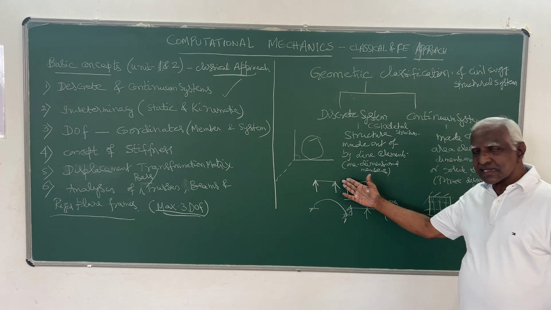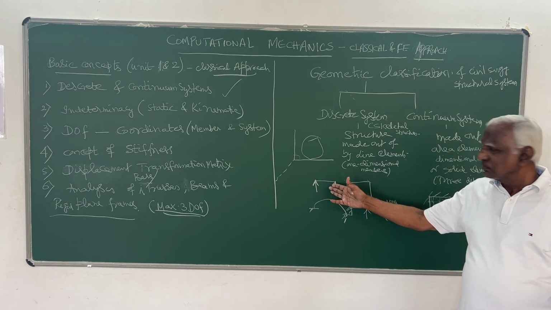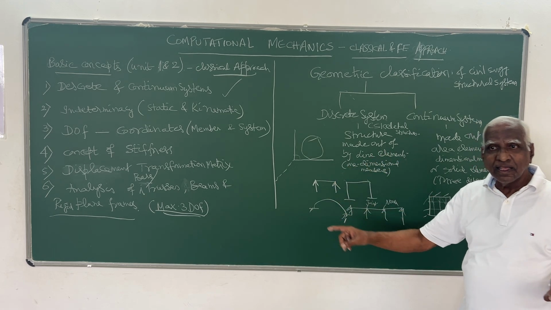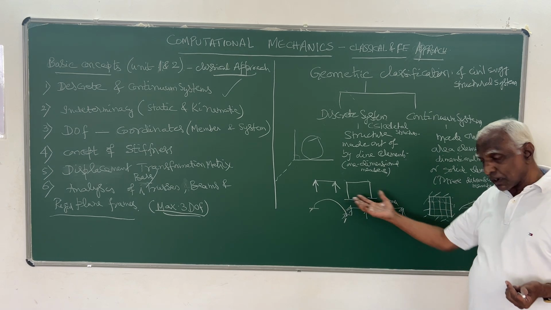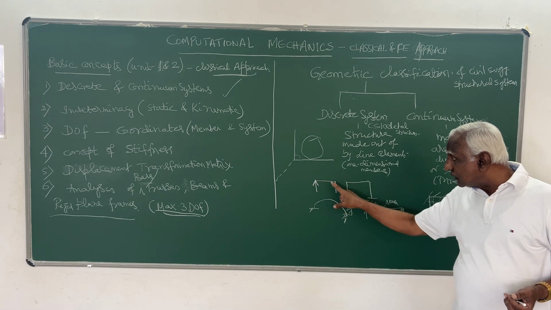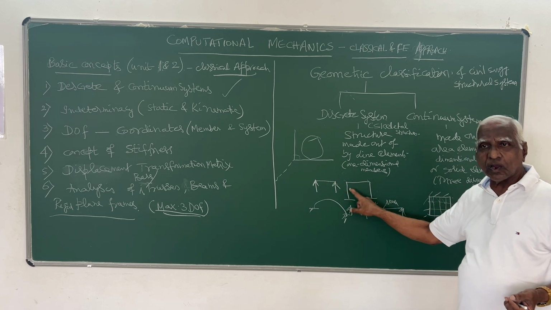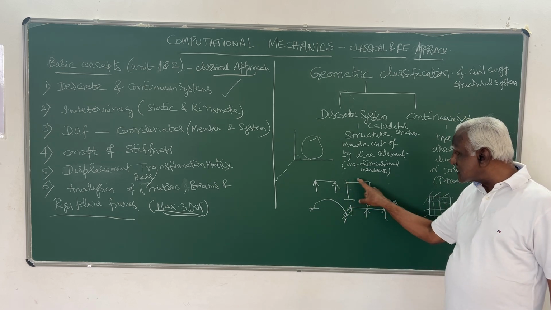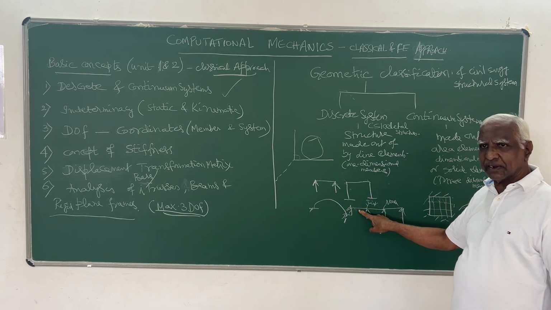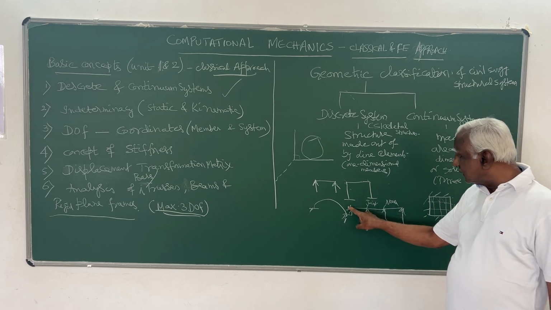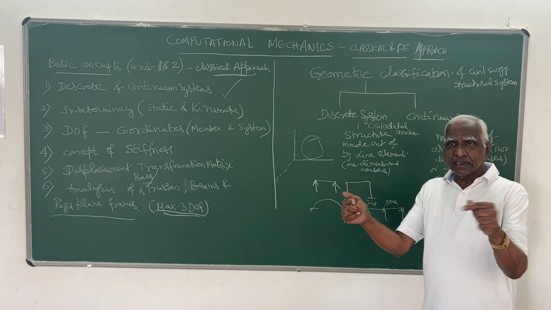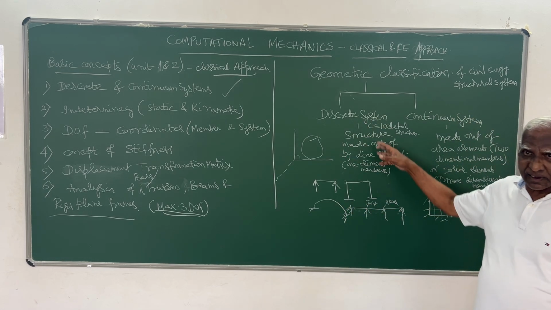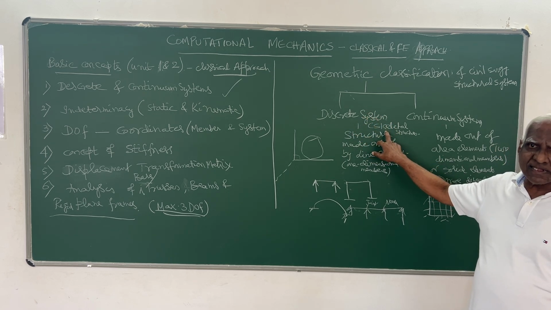Because you will find in a line an infinite number of points. We don't consider all those points within the line for our purpose of analysis. We consider only a finite number of points, preferably only the ends of the line. This is one element, another element, another element. The ends of the elements are interconnected to one another, thereby forming the structure, which we call a discrete or skeletal structure.